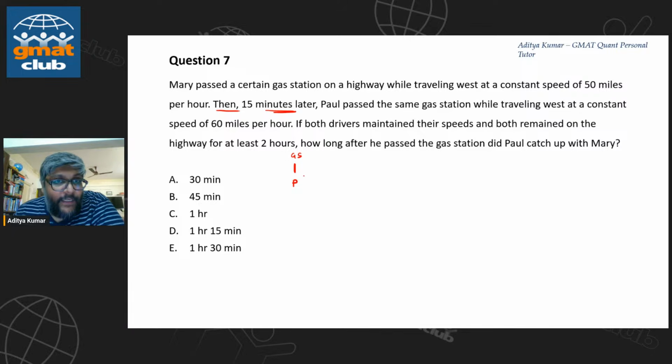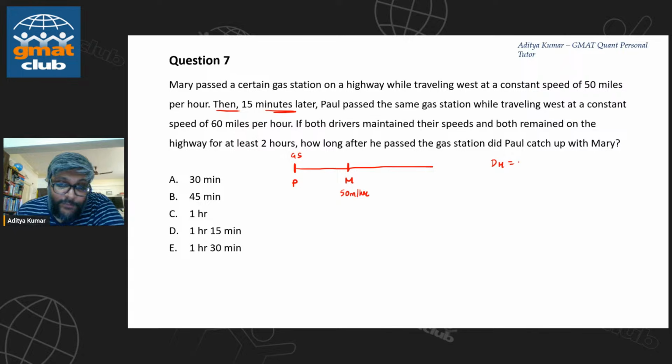But where is Mary? Mary has already traveled for that 15 minutes. I know Mary's speed is 50 miles per hour, so Mary should be somewhere here. I can find out the distance that Mary has traveled in that 15 minutes.